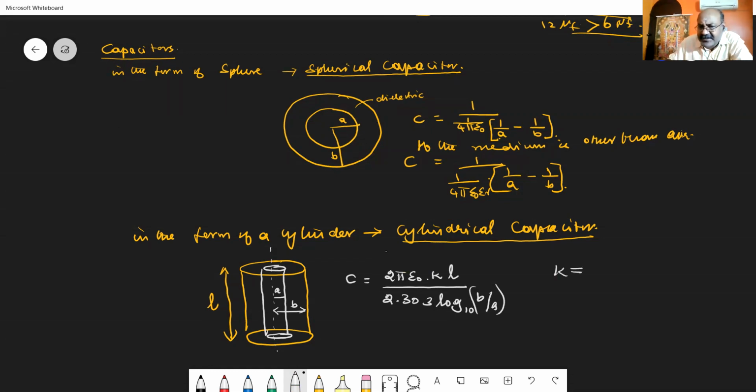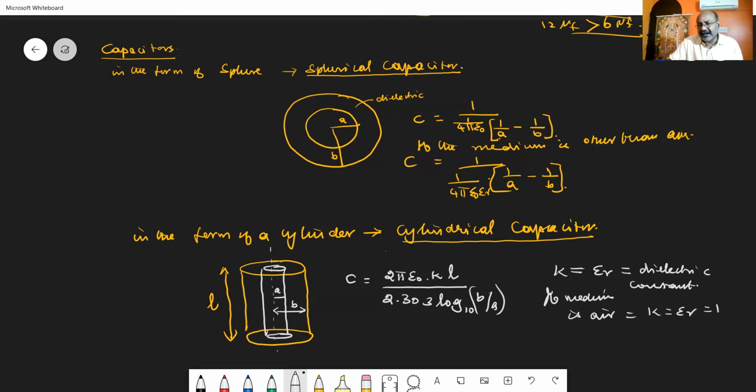Here K, which can also be written as epsilon R, is known as the dielectric constant. If the medium is air, that is, the gap in between the two cylinders is filled with air, then K or epsilon R equals 1.